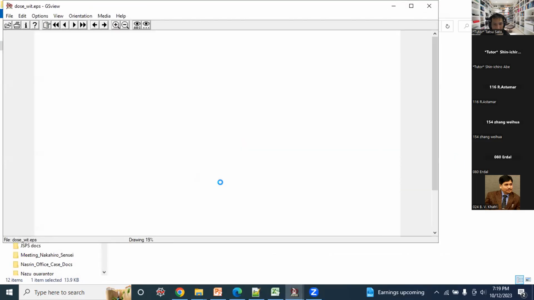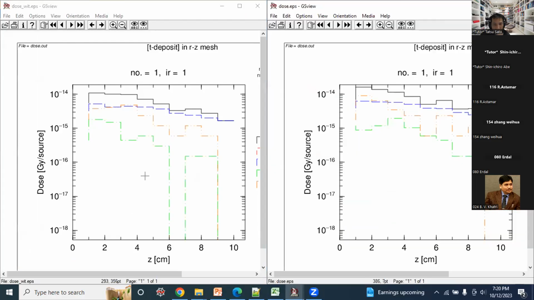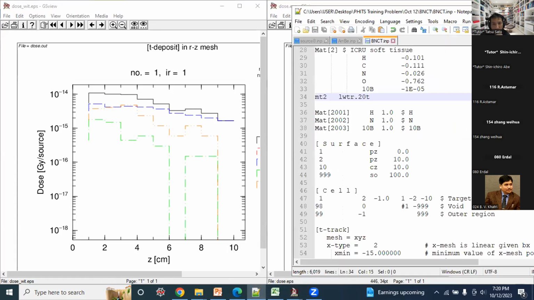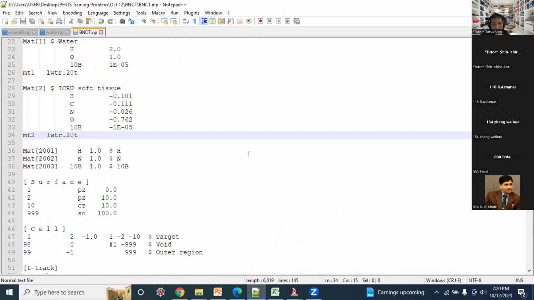This is without the line, and this is with the line with light water. This is my input file, maybe it can help.